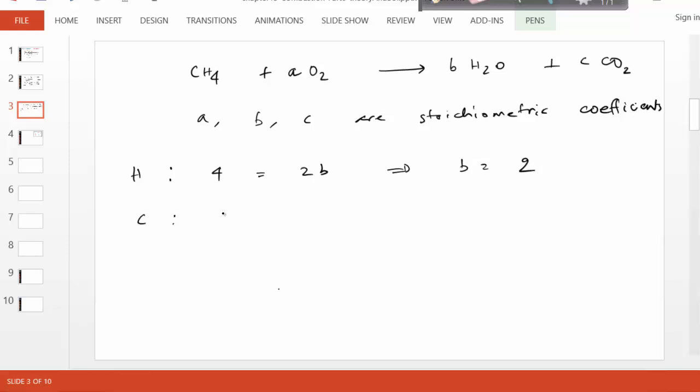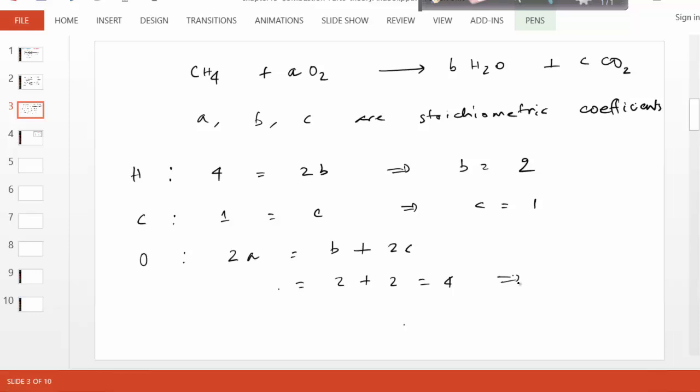On the left hand side we have 1, on the right hand side we have C. So obviously C equals 1. And let's balance oxygen. On the left hand side we have 2A, on the right hand side we have B plus 2C. So B and C we already found. B is 2 and C is 1.